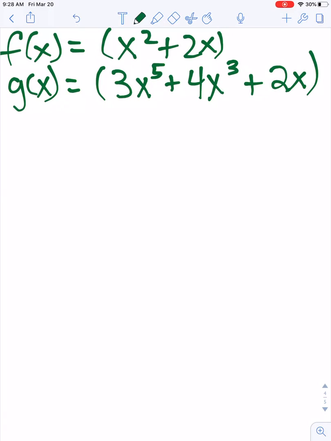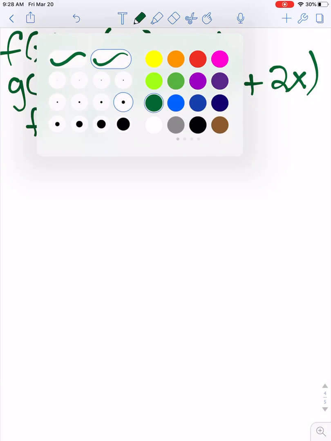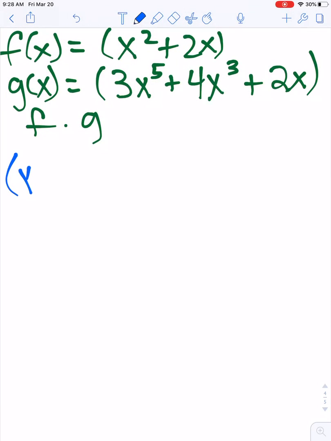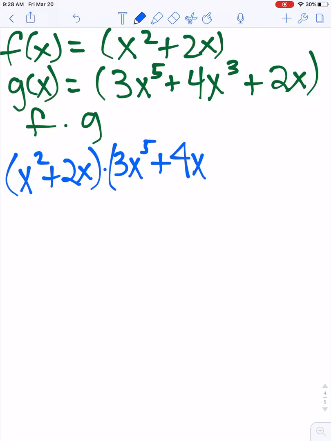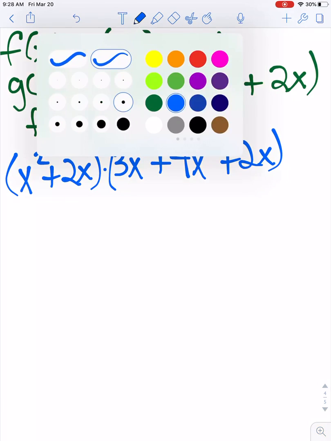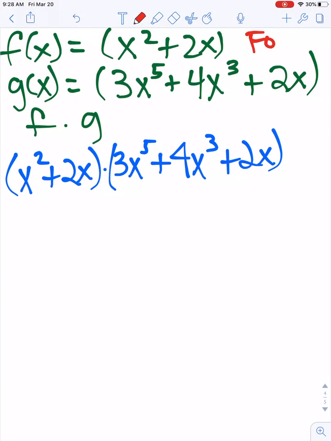Now, when we're going to set this up, if I'm doing f times g, I'm going to set that up like x squared plus 2x, because that's my f, times 3x to the 5th plus 4x cubed plus 2x. Now, this is when you have to remember that you're going to be foiling.